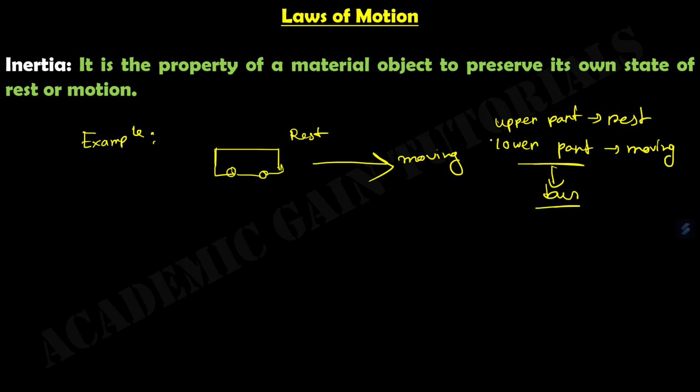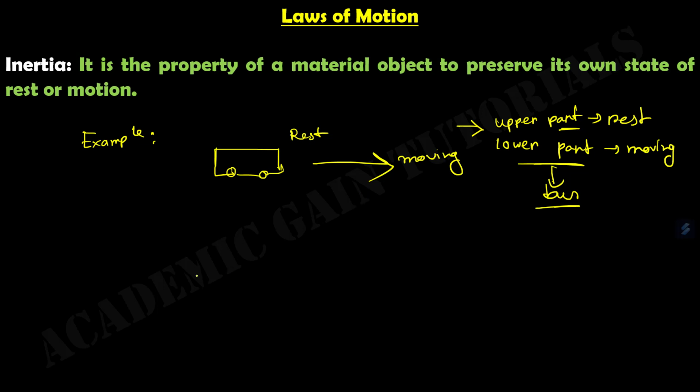So in that case, we will lean backward when the bus starts moving from rest to motion. This is the case of inertia. Our body tries to preserve its rest state. That's why, as our upper part stays in its rest state, we lean backward.